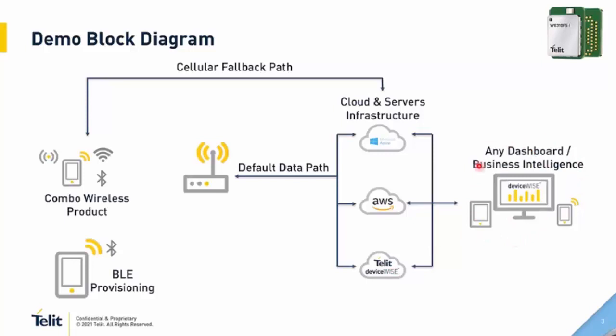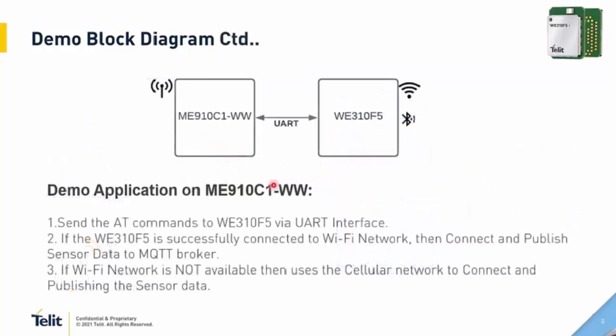We use another MQTT client to view the data posted by this combo wireless product, which can be viewed or analyzed using a dashboard. We use a freely available application, MQTT Explorer. In the next slides, I will explain what components are required for running this demo.